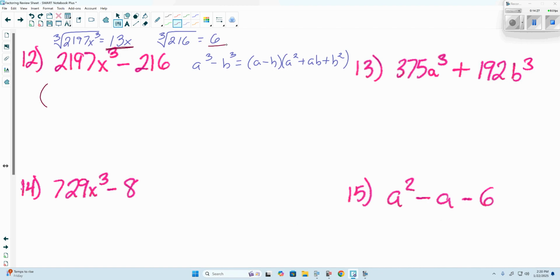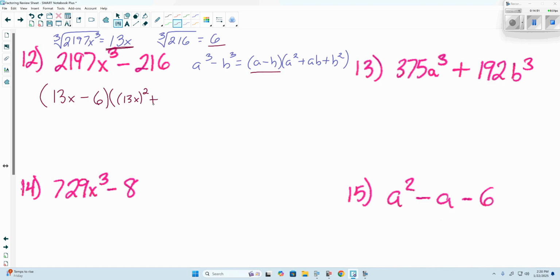So all we're going to do is replace a and b all the way through. So the first thing is what? A minus b. So what's a? 13x minus b, which is 6. Then a squared. So our a term is 13x and it's b squared.